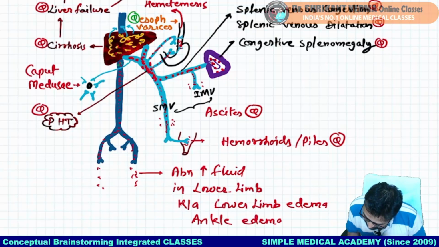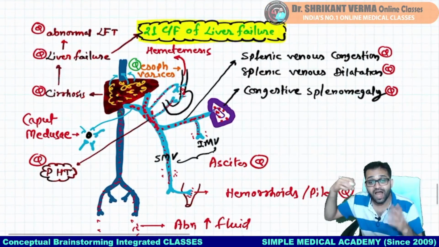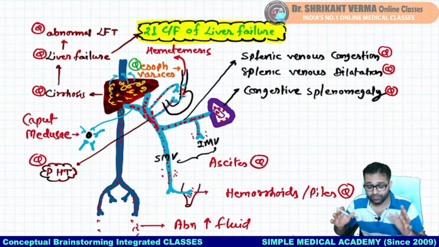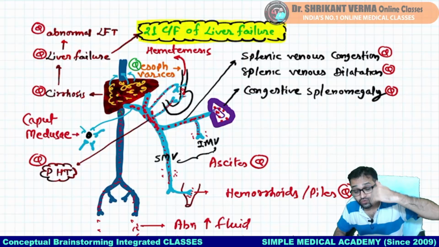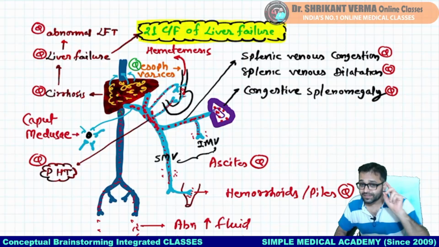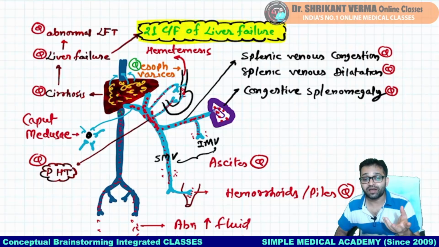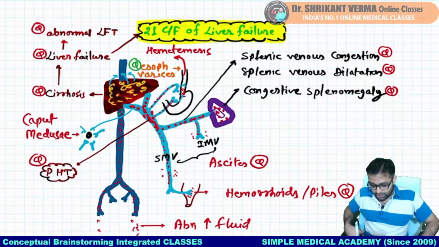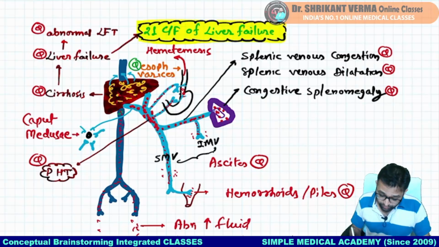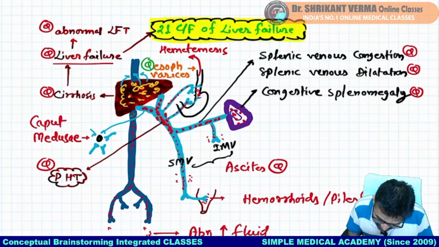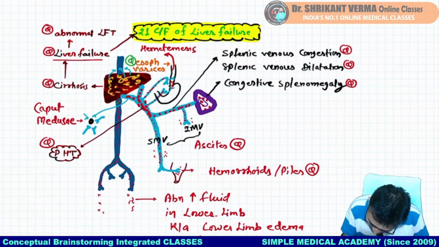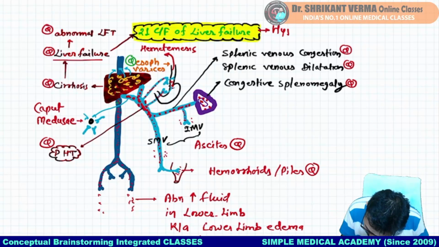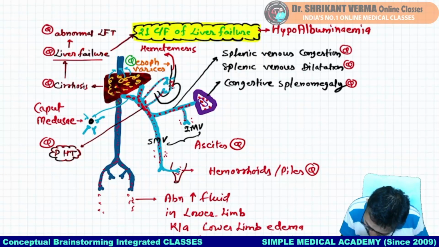Due to the liver failure, there is hypoalbuminemia. That hypoalbuminemia will result in swelling and fluid collection all over the body. That situation is generalized edema, known as anasarca, meaning there is fluid in the abdomen and fluid in the lower limb.